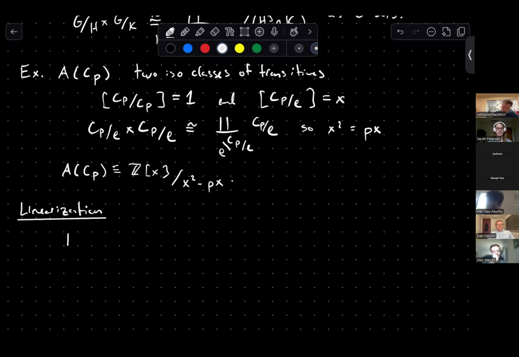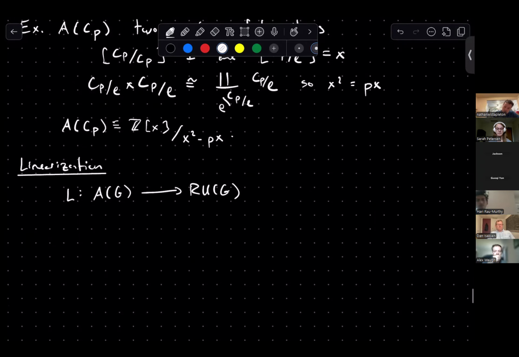So the linearization map I'm going to call L, and this goes from A of G to RU of G. And it is induced by the map taking a G set X to the G representation that I get by taking the free complex vector space on X and then letting G act on the basis the way that it acts.